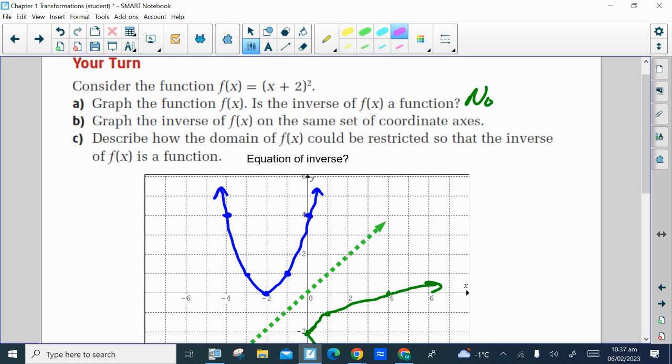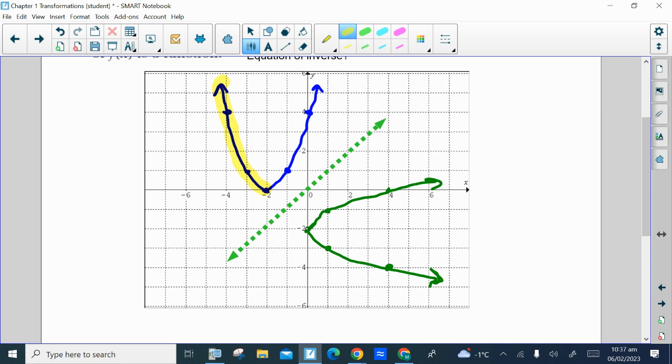For example, if I took the left side of this graph only, that would correspond to the bottom of the inverse only. And the bottom by itself is a function. Without the top on there, a vertical line would only hit that graph in one spot. Similarly, we could take the right side of the original graph only, which would correspond to the top of the inverse only. The top by itself is a function.